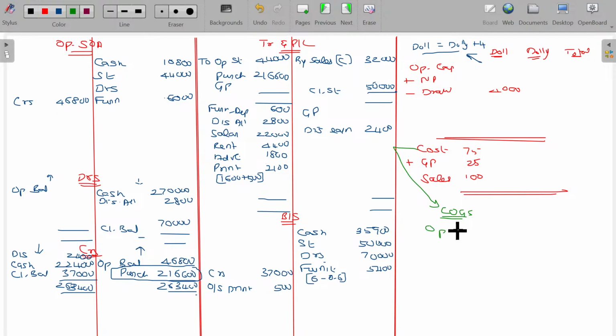Cost of goods sold is nothing but opening stock 44,000, add purchases 2,16,600, minus closing stock 50,000. Am I right? Then the ultimate value you get here is the cost of goods sold, 2,10,600. So the value of stock sold being 2,10,600, which is this one.